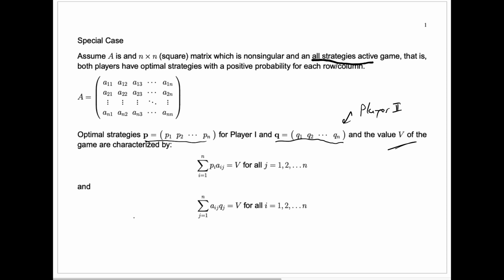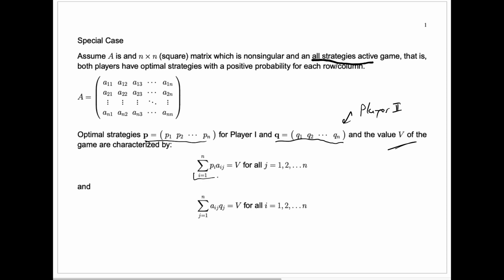What characterizes those optimal strategies and value? Well, we've seen under all the conditions that we have in an all strategies active game, by the principle of indifference and the equilibrium theorem, that the sum from i equals 1 to n of P sub i a_ij will equal V for all j. What does this mean?